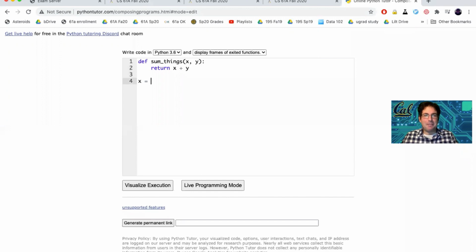And let's say I want to sum 3 things. Well, I could sum things 3 and 4, and then save that in a name using an assignment statement. And then I could sum things A and 5, and I will have really summed 3, 4, and 5 all together. So assignment does this.